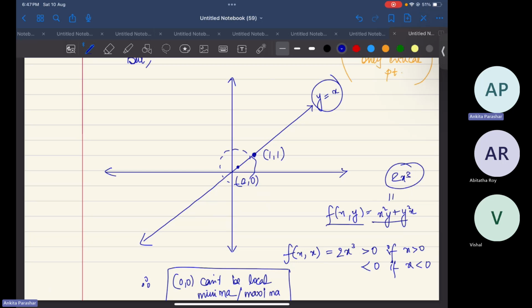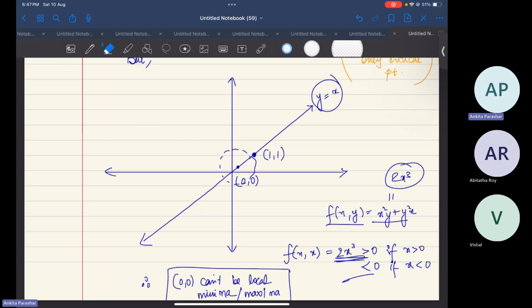If I go positive x, if I choose x to be positive, then it becomes positive. If I take x to be negative, it becomes negative. So clearly, for any small neighborhood you give me around 0, 0, I can give you points at which the function has a larger value and a smaller value, and none of them is determined by 0, 0.